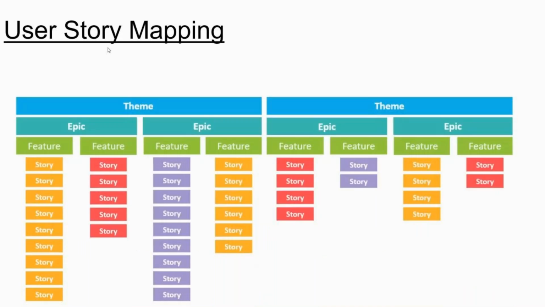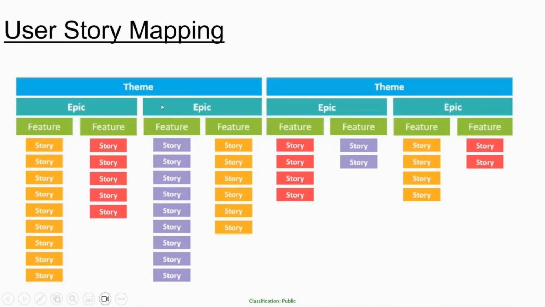Okay, so the way we do it is, at the topmost level, you'll have something called a theme, and then below that, you'll have something called epics. Each theme can have multiple epics, and each epic can have multiple features included in it. And the final block of it would be your user stories, in short referred to as a story.